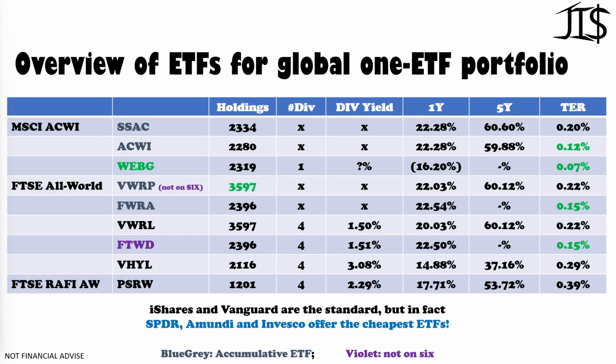So here is the overview of all the ETFs that I mentioned in this video. And if you look at all the ETFs, you can see that the MSCI ACWI, the WEBG, is in fact the cheapest one with 0.07 total expense ratio.